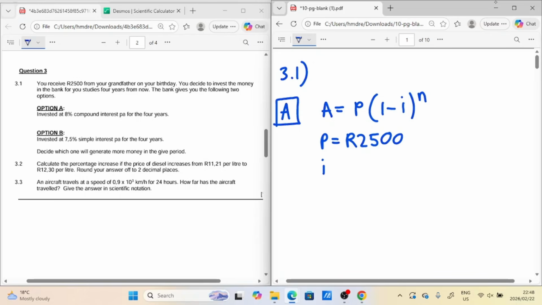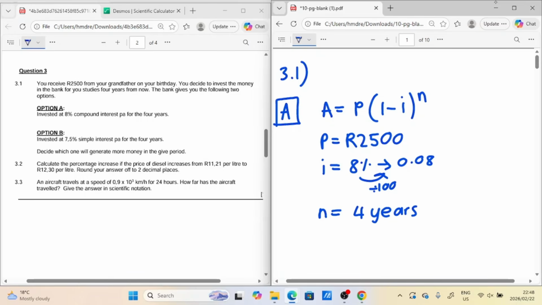Our interest rate for this option is 8%. We always use it as 0.08, so we always divide it by 100 because it is a percentage. And our number of years for this one is 4 years.